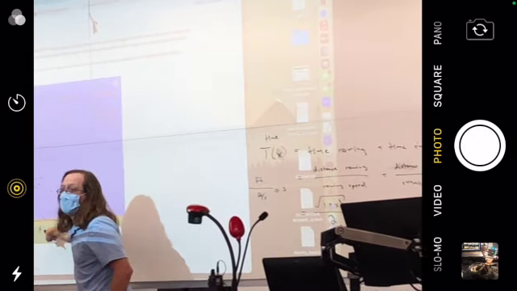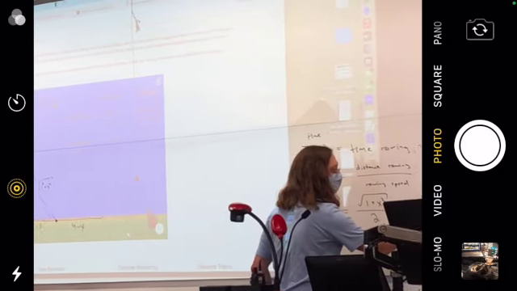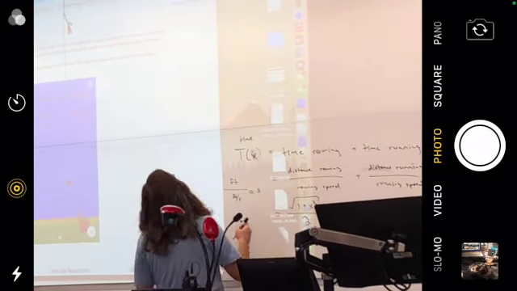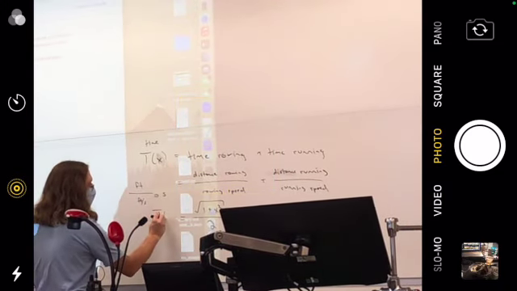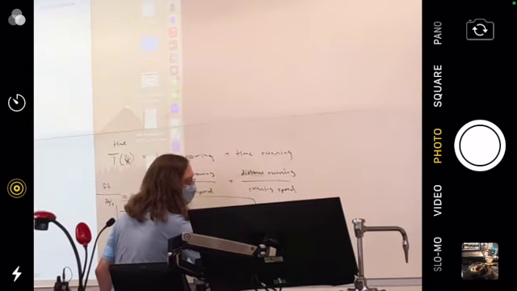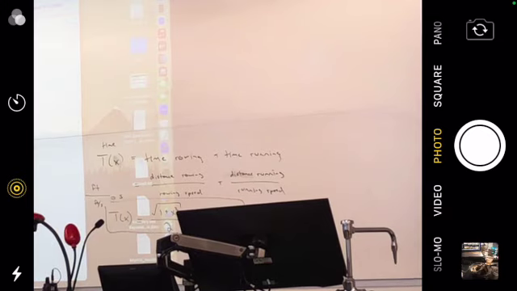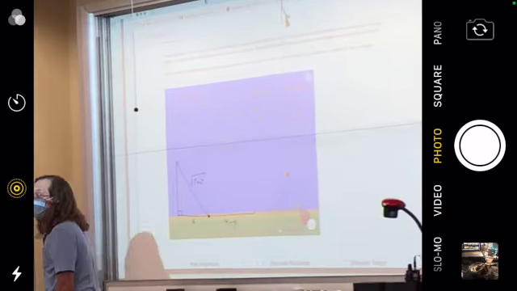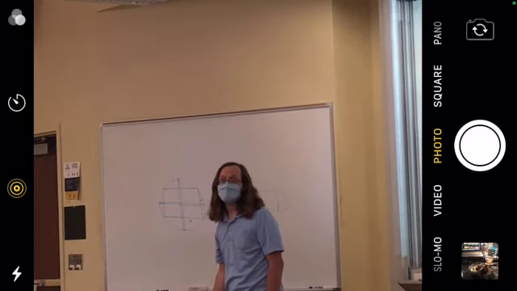I run the rest of the way, so that's 4 minus X. And then I run at 5 kilometers per hour. So I get T of X is equal to this, where 0 is less than or equal to X less than or equal to 4. So I have a function that only depends on X, and I know the interval.